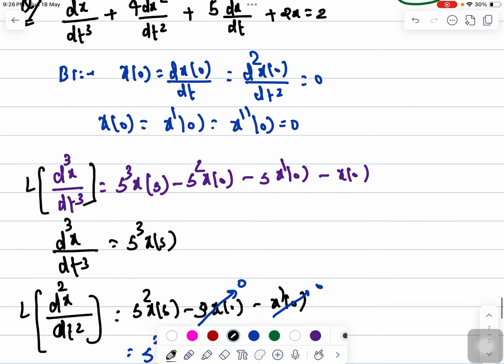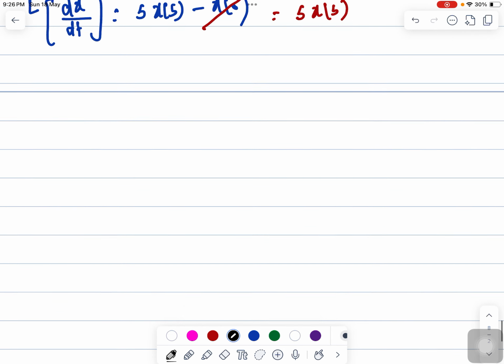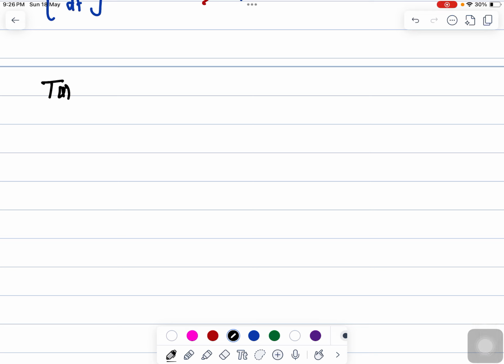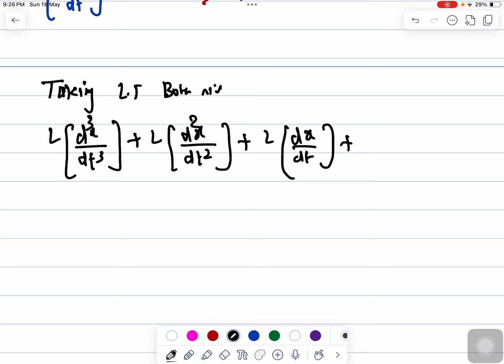Once you substitute all of these values in the equation, taking the Laplace transform on both sides, I can write Laplace of d3x by dt cube plus Laplace of d2x by dt square plus Laplace of dx by dt, plus there is a constant term, Laplace of 2x, that equals Laplace of 2. Is that clear?